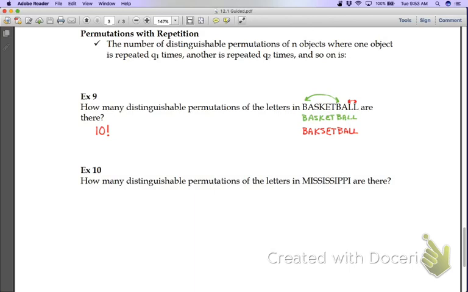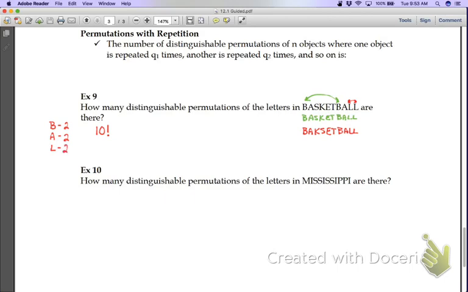Like I have B, I have A, and I have L that repeats, right? How many times does the B repeat itself? 2. Okay. How many times does the A repeat itself? 2. And what about the L? 2 again, right?